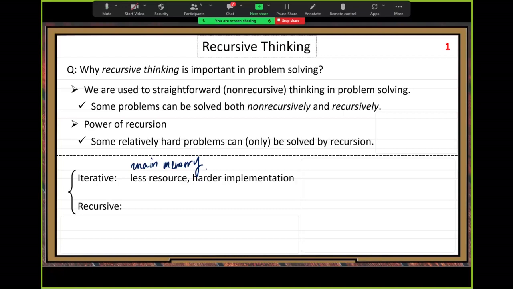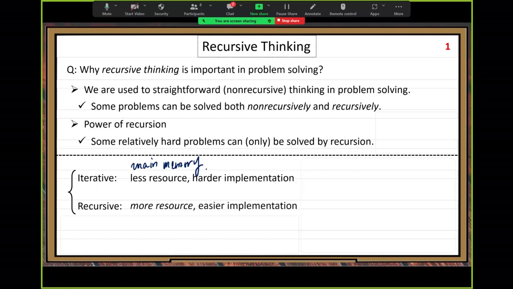Then for a recursive algorithm, although I do not say it explicitly, you can understand that we need to use more main memory resource. Later I will explain more details about main memory resource, not here.